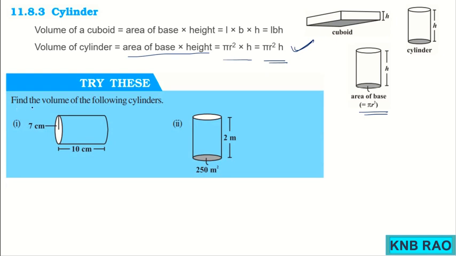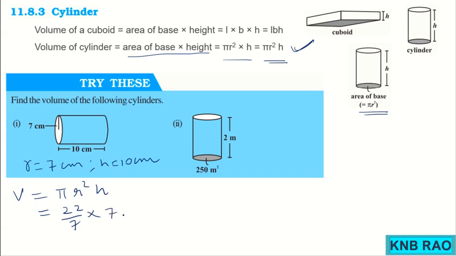Now, here I have question 1 where 7 centimeter is the radius and height is 10 centimeter. That means volume is pi r square h, where pi is 22 by 7 into 7 is radius, so 7 into 7 into 10. One 7 cancels with this, and 7 22s are 154.